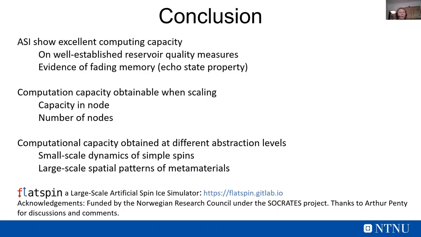And also just point you to flatspin. That's a large scale artificial spin ice simulator that we have made. It's available on GitHub, so I hope others are interested in looking into these systems. They are really fascinating and really cool.